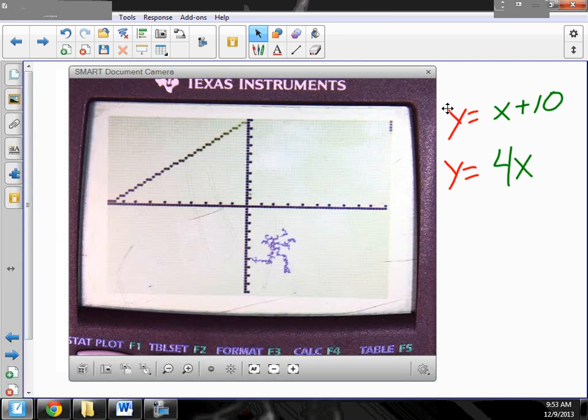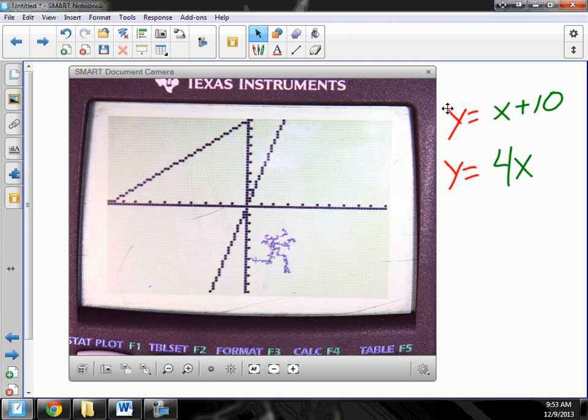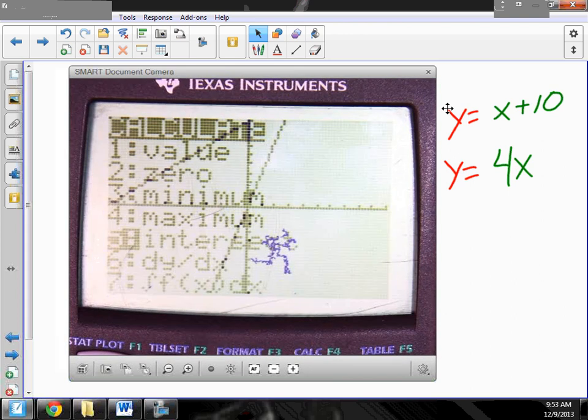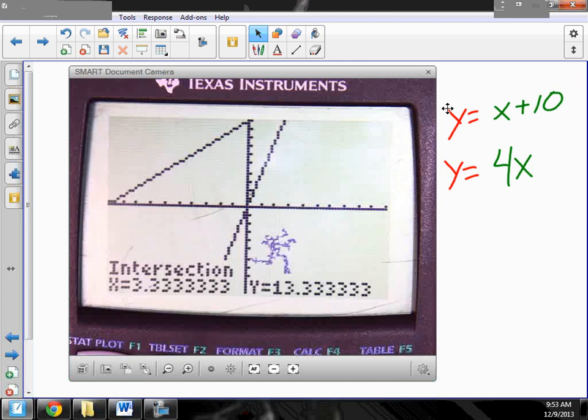We graph them. And the intersection is above the screen. Well, the calculator doesn't care. So do second calc intersect and hit enter 3 times. Enter, enter, enter. And it found it for us.